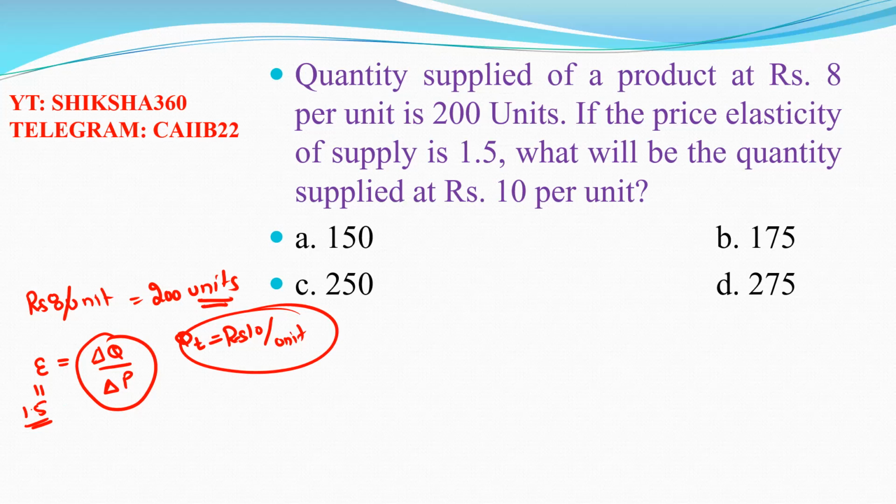Please solve fast and tell the correct answer. As we know, elasticity is equal to change in quantity upon change in price. The quantity part is final value minus initial value upon initial value into 100.